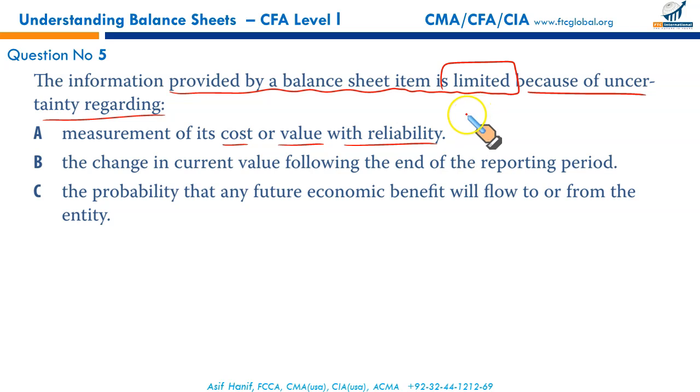We measure some items at historical cost, some at market value, some at NRV, just in order to make our financial information more reliable. So this is wrong, that because we are reporting at cost, it makes it unreliable. This is incorrect. There are many items that are measured at different bases, just for the purpose of reliability. This is a wrong statement.